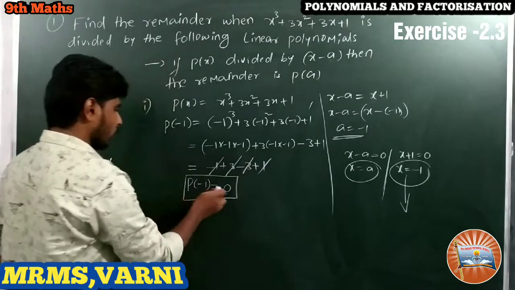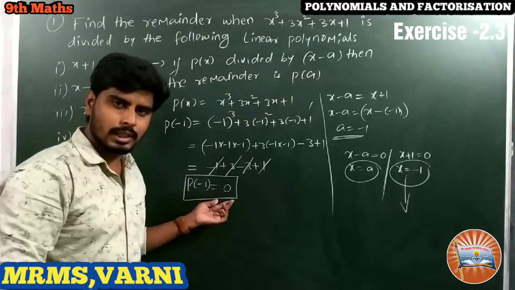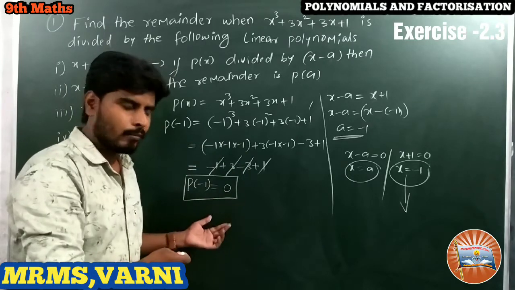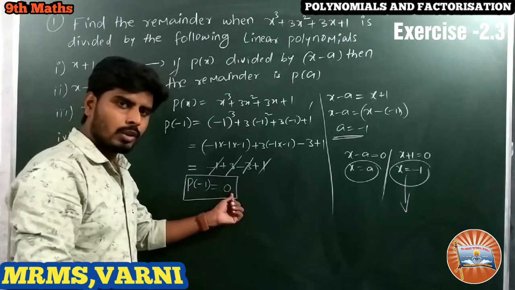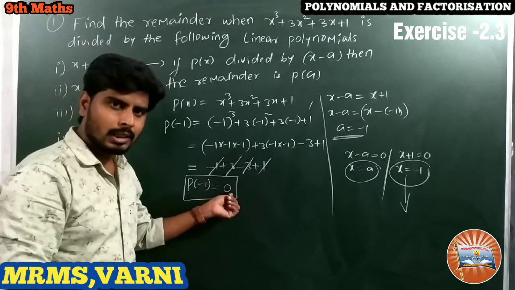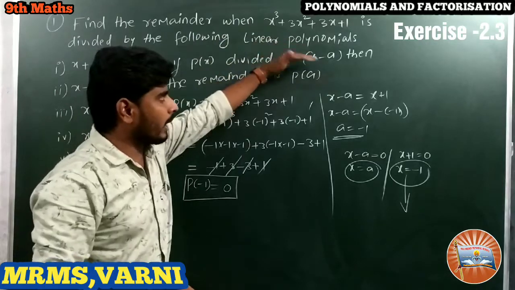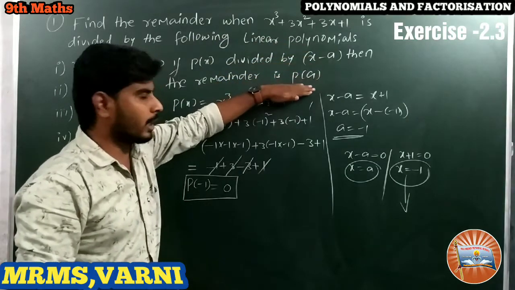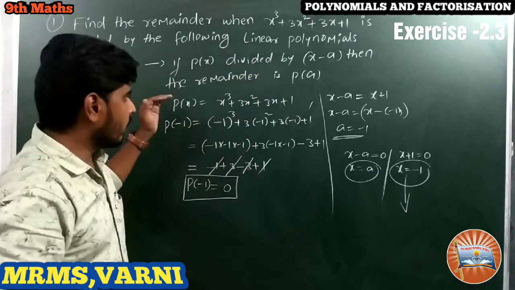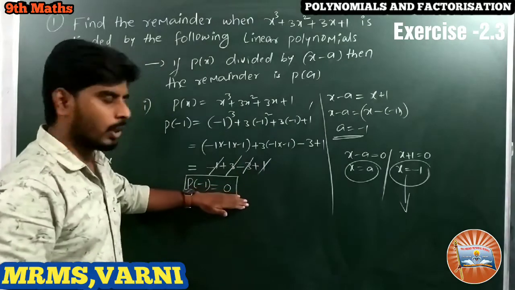So p of minus 1 we got 0. It means the polynomial value is 0. So this is all about the polynomial value you are finding finally. If this is 0, what can we say? The remainder is 0. So if we divide by x minus a, p of a is the remainder. So that is just using our formula. If we divide by x plus 1, the remainder is 0.